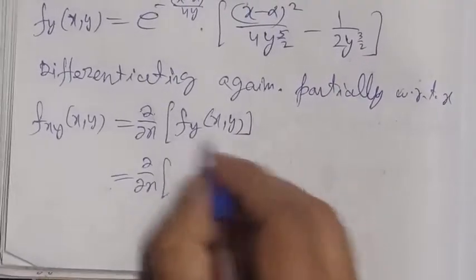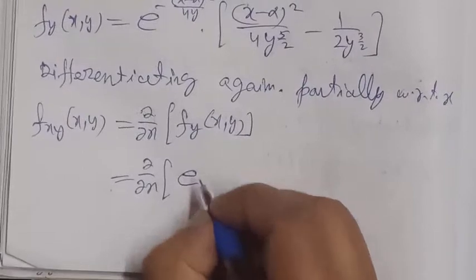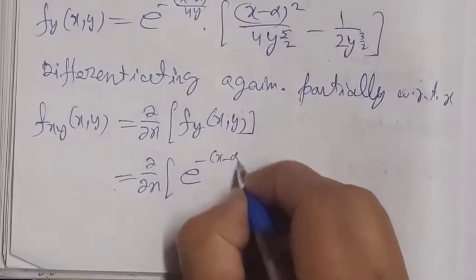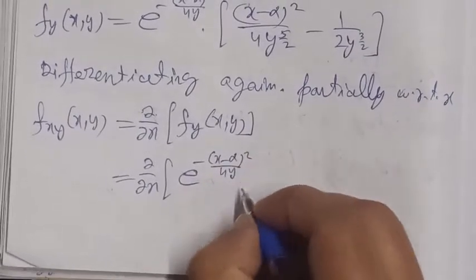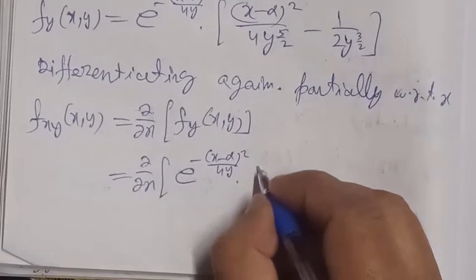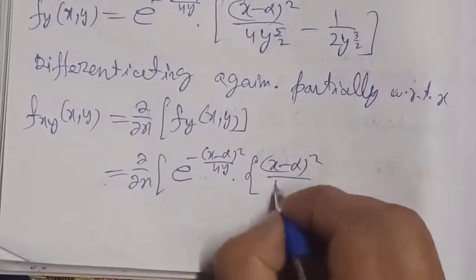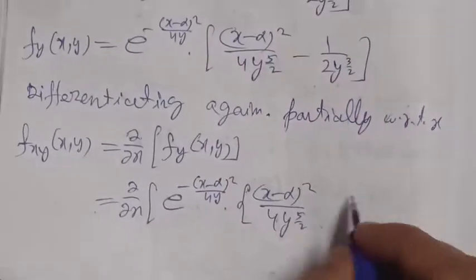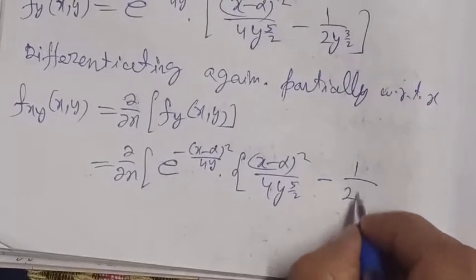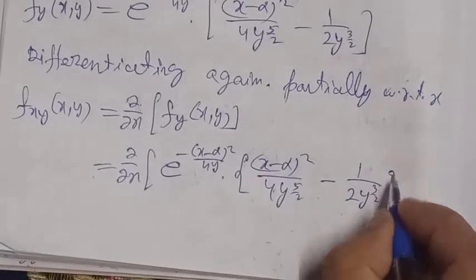So I write this value from here: e to the power minus (x minus alpha) whole square upon 4y, multiplied by (x minus alpha) whole square upon 4y to the power 5 by 2, and minus 1 upon 2y to the power 3 by 2.